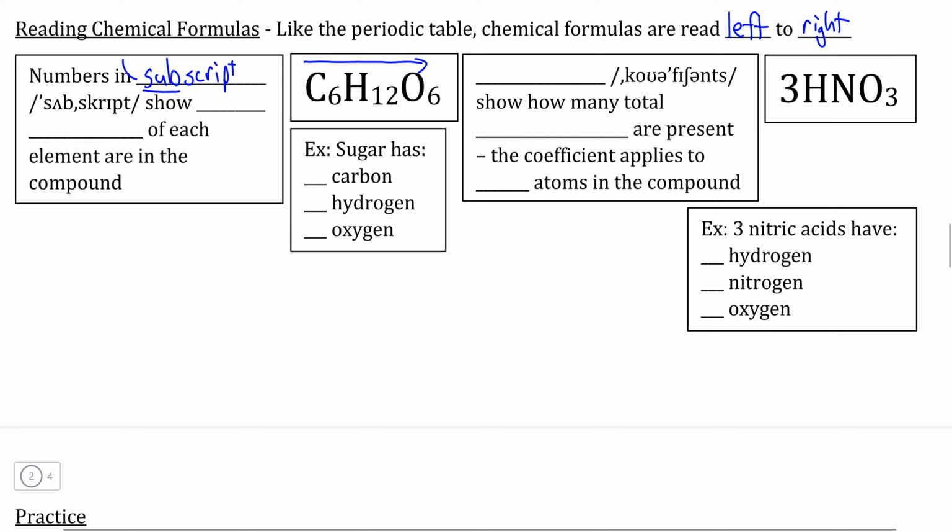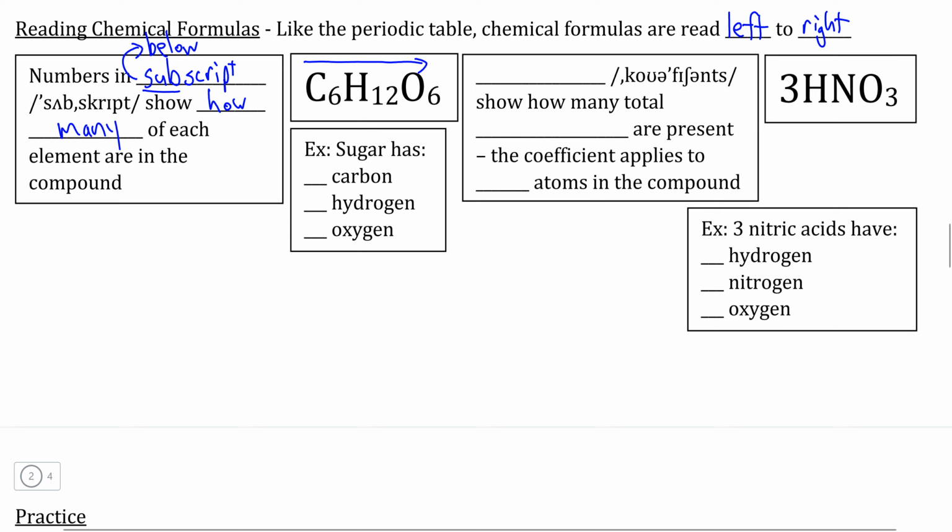Remember that the English prefix sub means below, so subscript numbers are numbers that are written below the chemical symbol of each of the elements, and the job of each of these subscript numbers is simply to show how many of each type of atom are found within the chemical compound.